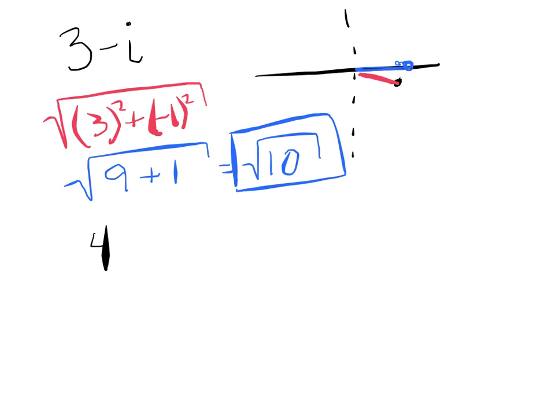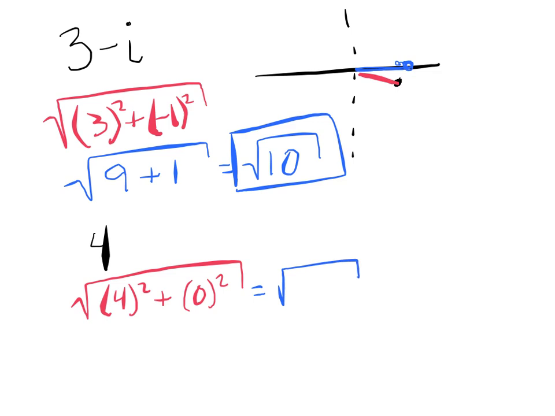Let's go ahead and use our formula anyways. Just so we can prove it, it's the square root of the real component squared plus the imaginary component squared. This ends up getting us the square root of 16, which is 4. So the magnitude of the real number 4 is just 4, which makes sense. Its distance from 0 is 4.